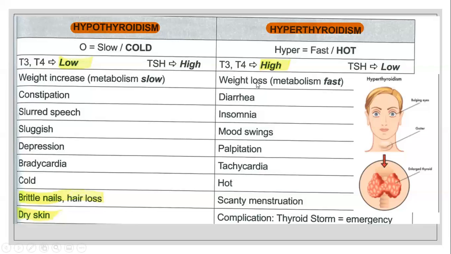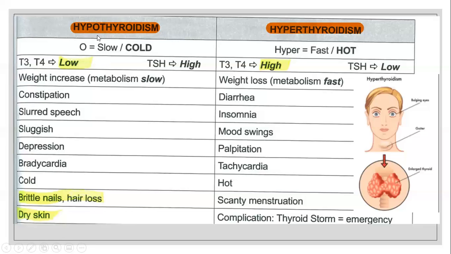The patient loses weight, metabolism is faster, appetite increases, but weight is lost. Diarrhea, insomnia, mood swings, palpitations, tachycardia, also scanty menstruation. If anybody has tachycardia or palpitations, automatically anxiety will attack or the patient will be restless.